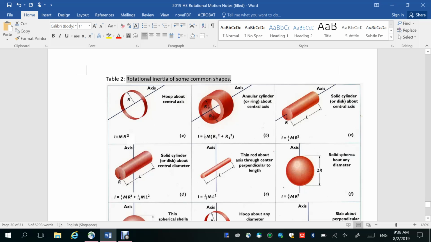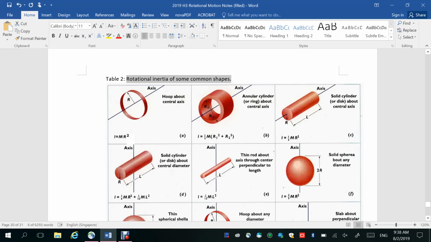This one is not expected to be derived because we can't just use what we have, the parallel axis theorem. We need another theorem, which is the perpendicular axis theorem. So this one you just need to recall. Similarly for the others, even B and C, if the question didn't ask you to derive, you can just recall.